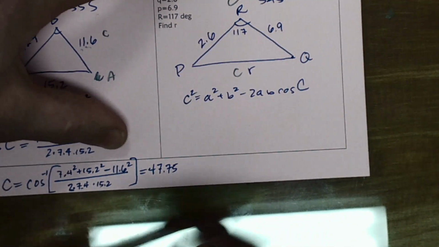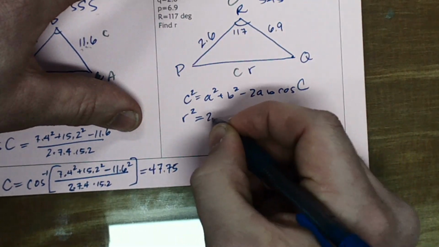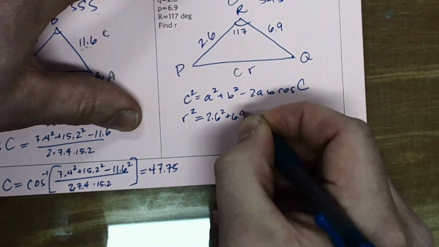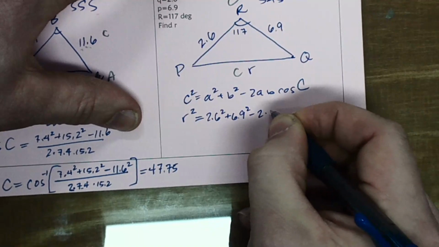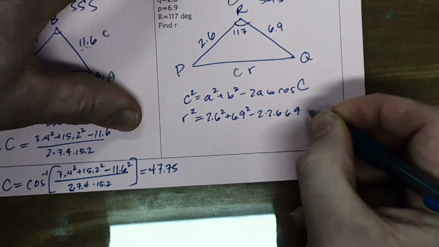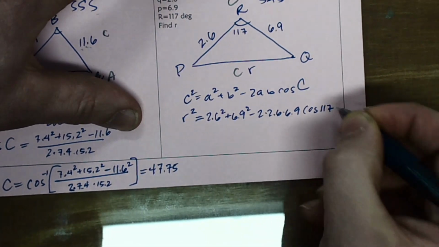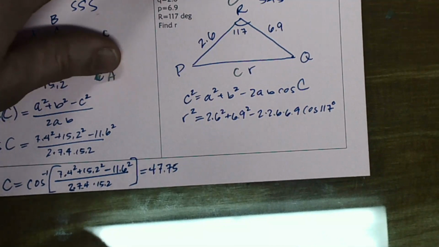Okay, so really what we're solving for is little r squared equals 2.6 squared plus 6.9 squared minus 2 times 2.6, 6.9 cosine 117 degrees, be in degree mode.